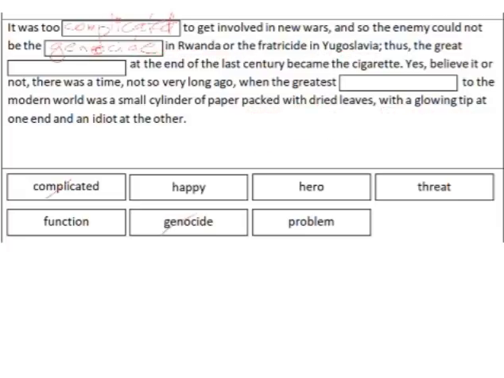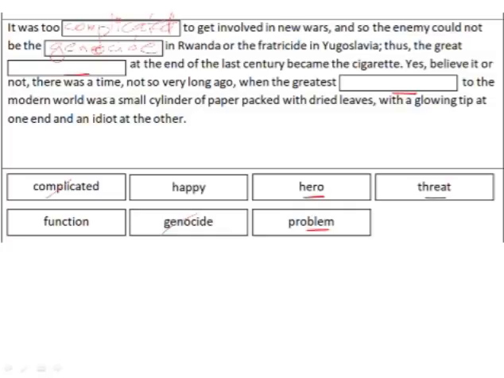Thus the great dash at the end of the last century became the cigarette. Great hero, great threat, great problem: we have three choices here. Let's keep on reading. Yes, believe it or not, there was a time not so very long ago when the greatest dash to the modern world was a small cylinder of paper.